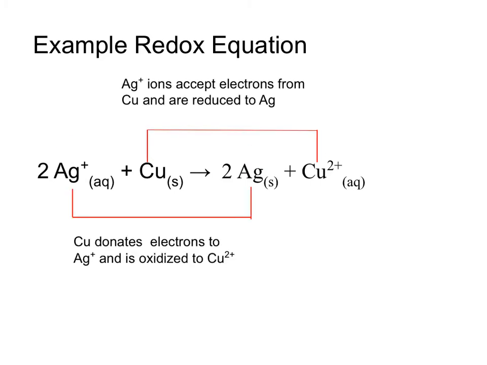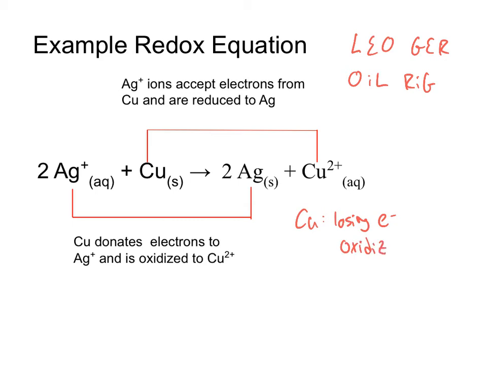And so we can see here that copper, going from its oxidation number of 0 to +2, must be losing electrons. Since it is losing electrons, if we remember our acronyms, LEO goes GER, or oil rig, we can see that losing electrons is oxidation, therefore copper is being oxidized.